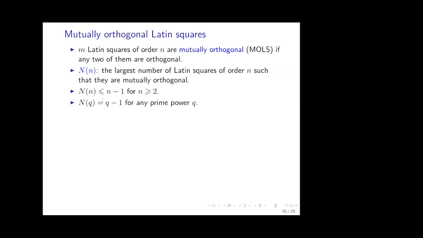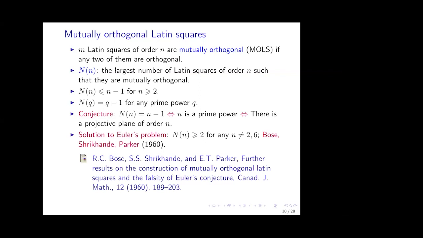And when n is a prime power q, it is easy to show that the upper bound can be achieved. But the question is, are there any other n such that N(n) equals n minus 1? A famous conjecture is that this upper bound can be achieved if and only if n is a prime power, and it is famous that this conjecture is equivalent to asking about the existence of finite projective planes. So it's a very hard problem.